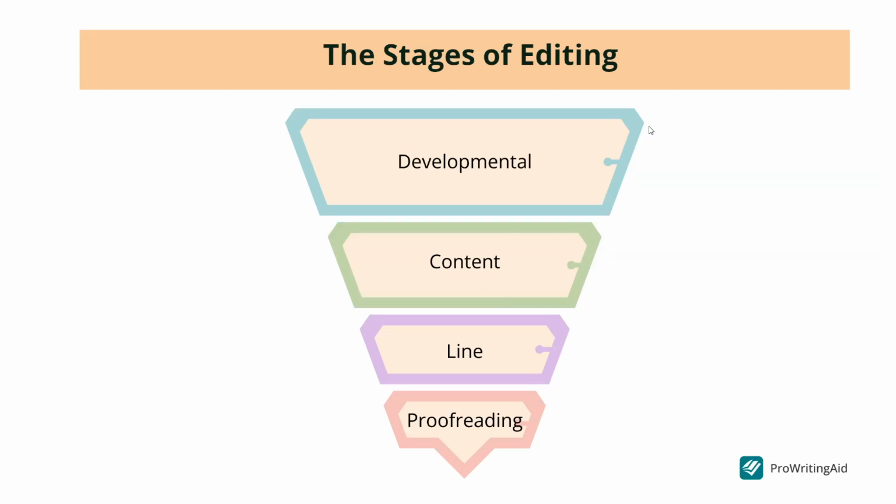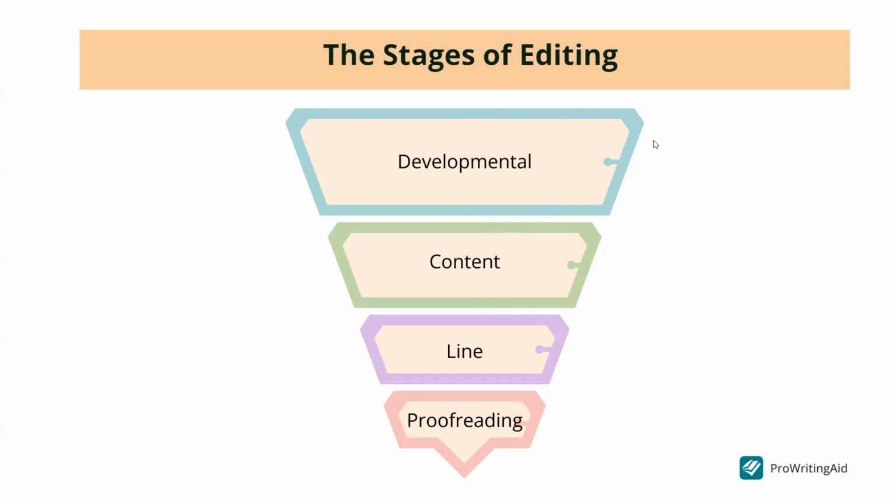There are several stages of editing, and depending on who you ask, there's anywhere from 2 to 5. I use a 4-step stage of editing because honestly, that's what my editor uses when pricing their work. What each of these mean are: developmental editing is where you're taking a look at your manuscript as a whole.